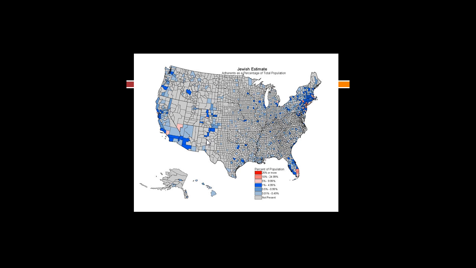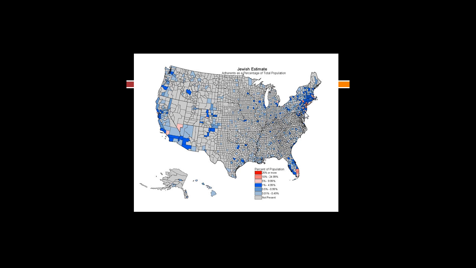Finally, I want to do just one non-Christian example. We could do many, but we'll just do this one. It's an example here that looks at the Jewish population. The geography of the Jewish population has a unique geography. If you look, it's largely in the Northeast, and again, that is a reflection of immigration.